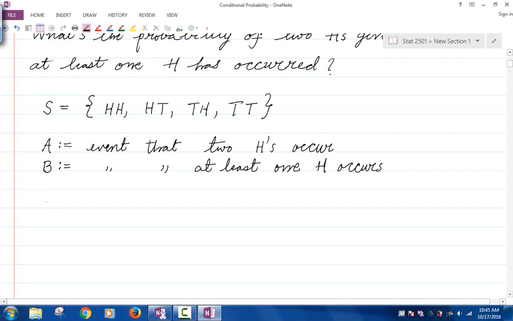Okay, so what is the event A? Well, the event A has only one outcome, HH. What's the event B? The event B is HH, HT, TH, and I shouldn't be including TT, right? So these are the events A and B.